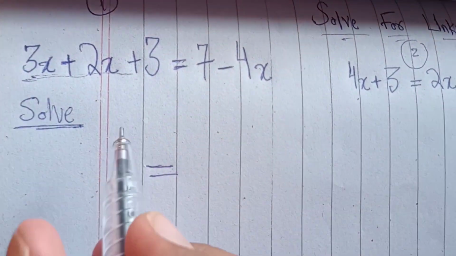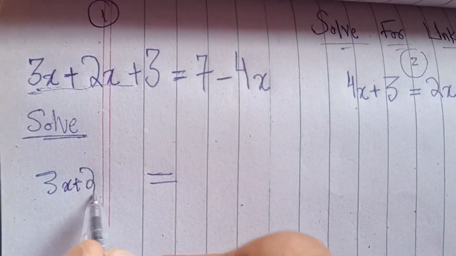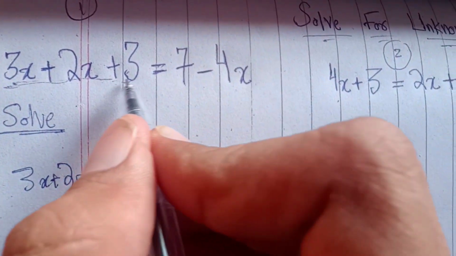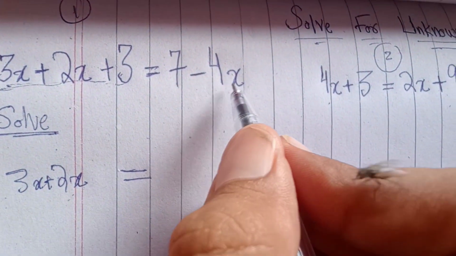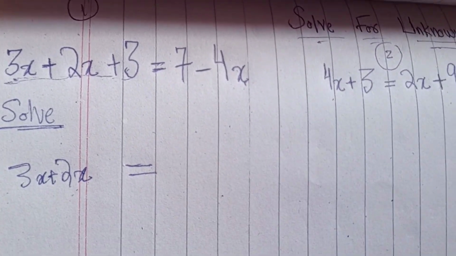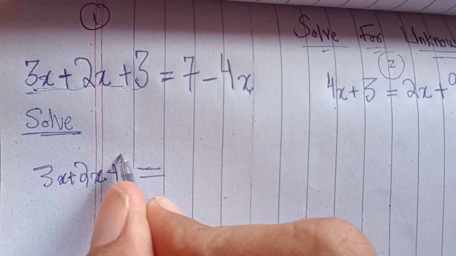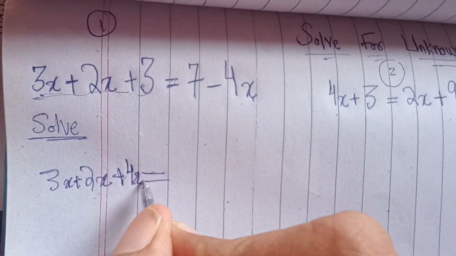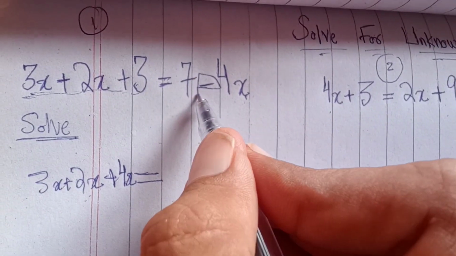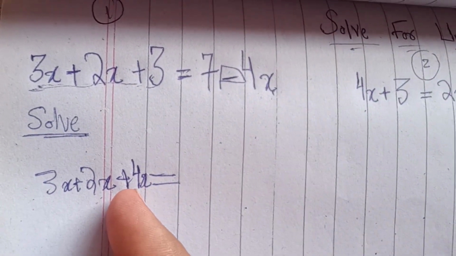First of all, 3x plus 2x, we write it as similar terms. I am ignoring this plus 3 right now and considering this plus 4x to move it to the left side. Once I move it to the left side, the sign which was plus on the right side becomes minus on the left side.